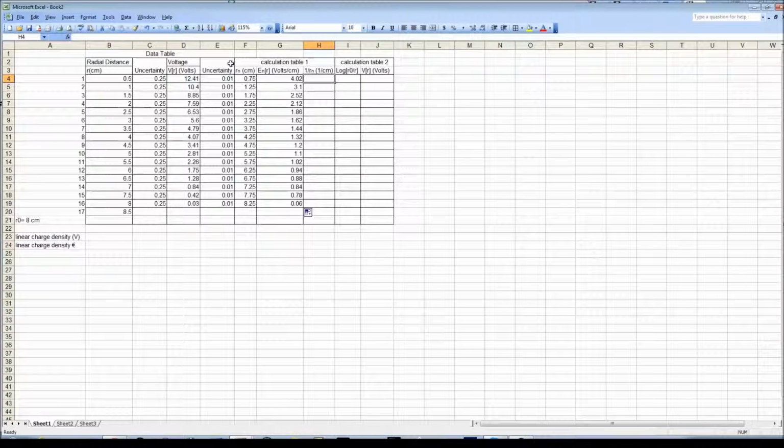And finally, we do not exactly need Rn, we need 1 over R naught. And the formula for this is quite simple. We simply divide 1 by our R naught, equals 1 divided by F4.